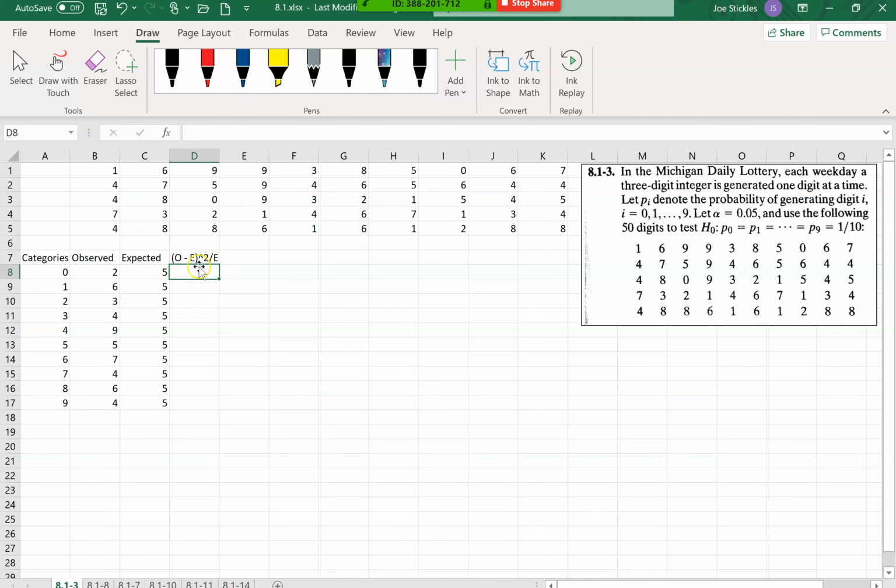So this is just observed minus expected squared over expected. The observed is in B8, the expected is in C8. I'm going to square that and then divide by expected, which is in C8 again.